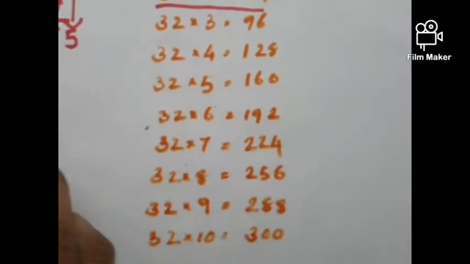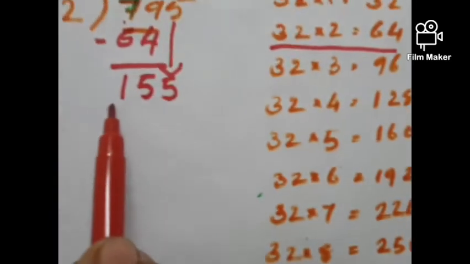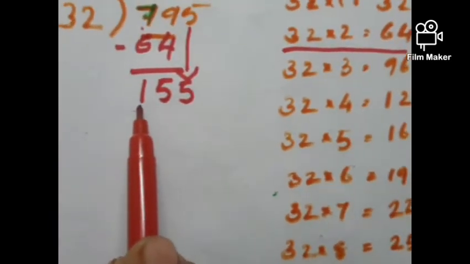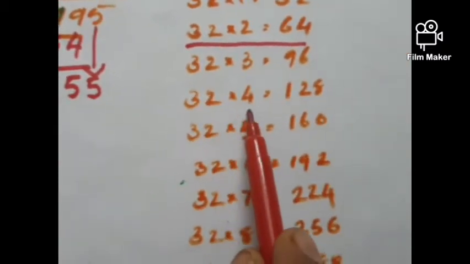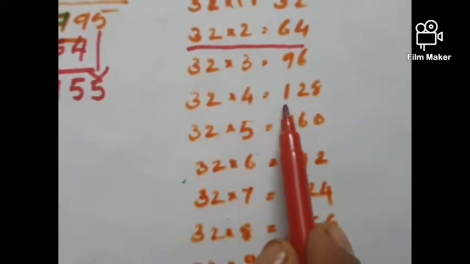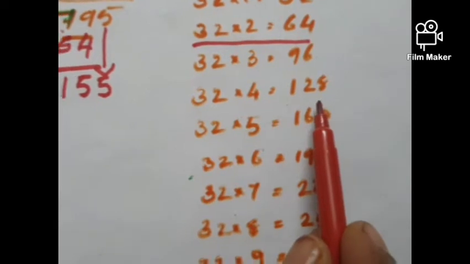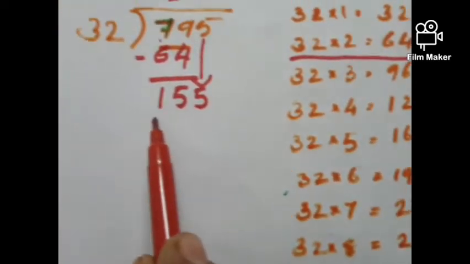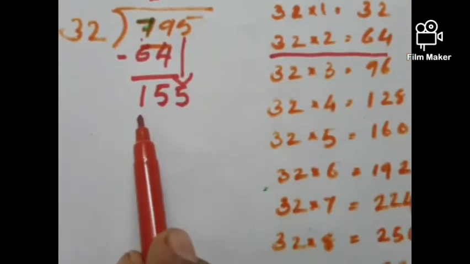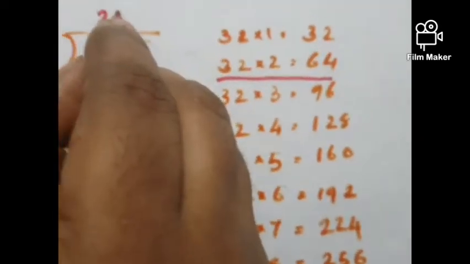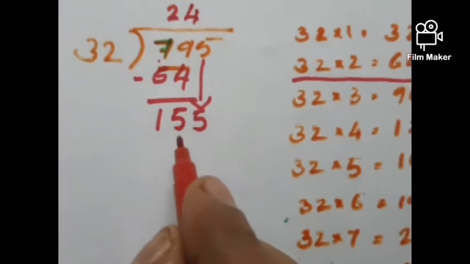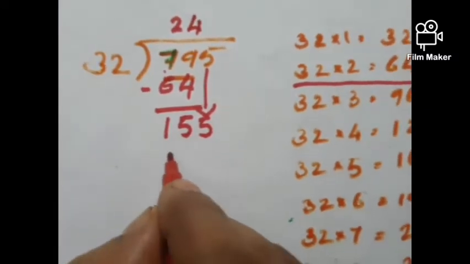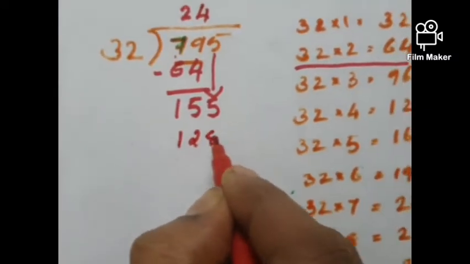Which is greater than 155. So let us take 32 into 4. That is equal to 128, which is less than 155. So write the quotient 4 here, and subtract 128 from 155.